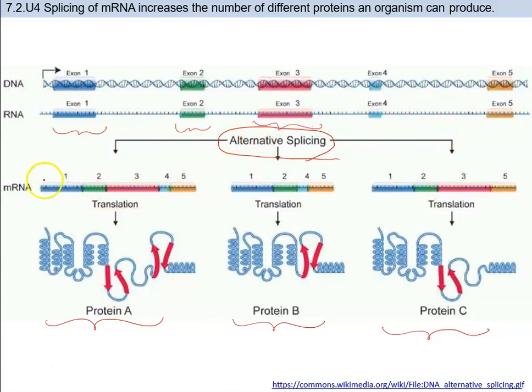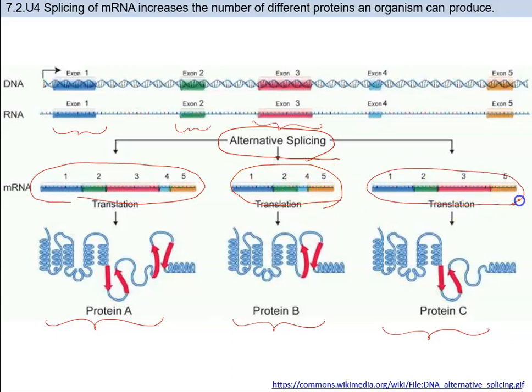The first one could be completely in the same order from 1 to 5, but it can also create another protein by just removing exon 3. So this protein includes only 1, 2, 4, 5. And this protein includes only 1, 2, 3, 5. It doesn't have number 4.